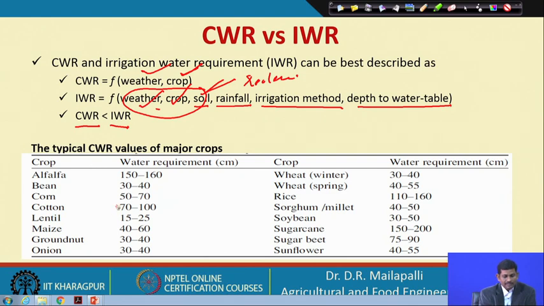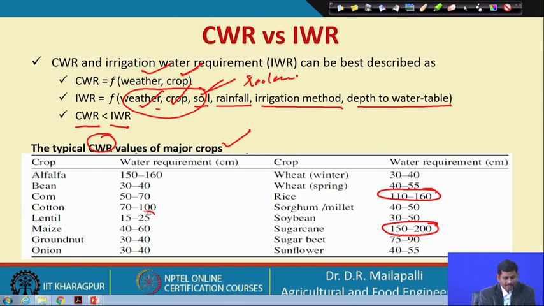Here this table shows the crop water requirement for some of the major crops. If you see this, rice is 110 to 160 centimeters of water as a crop water requirement, and sugar cane also has a large crop water requirement, 150 to 200 centimeters.